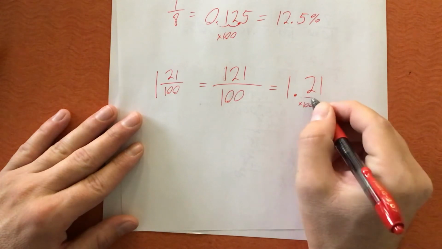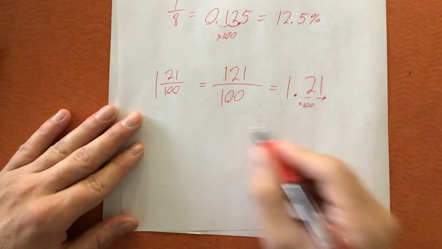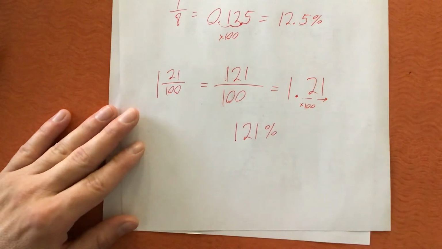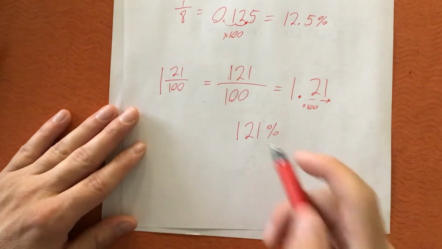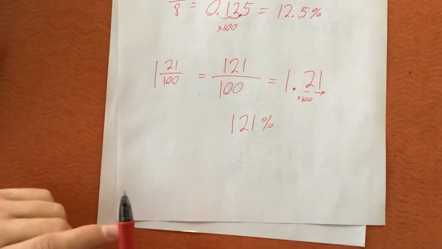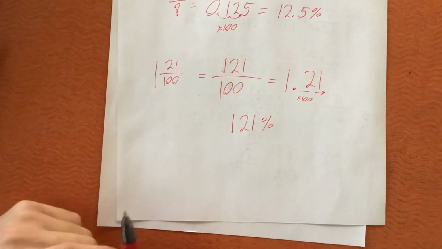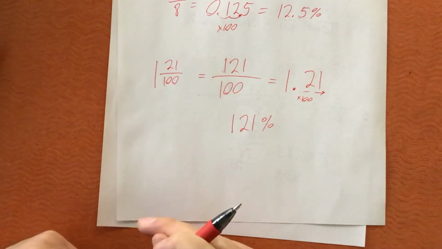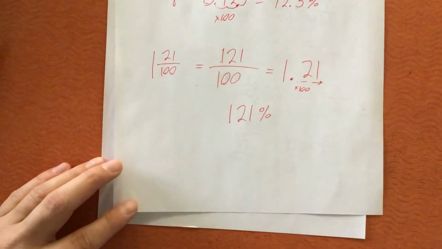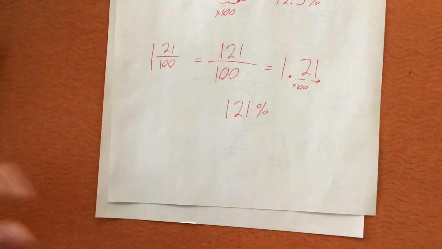We're going to move this over 2 times, and that gives us 121%. She has 121% in class. Now, that's really high, but we thought we'd make it a pretty good extra credit assignment. So that's how you do numbers that are over 100%, or over the number 1.